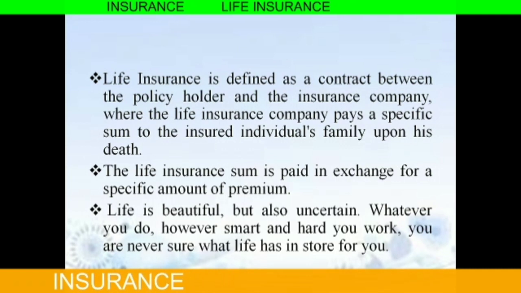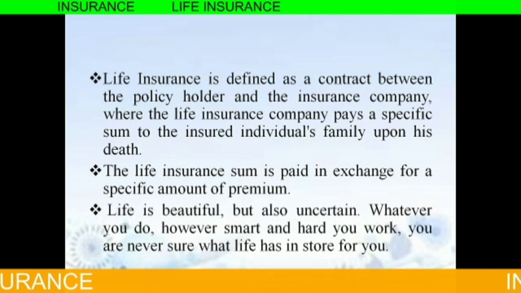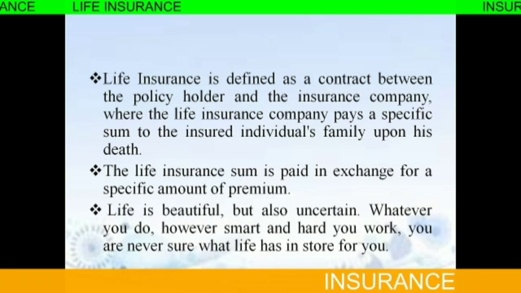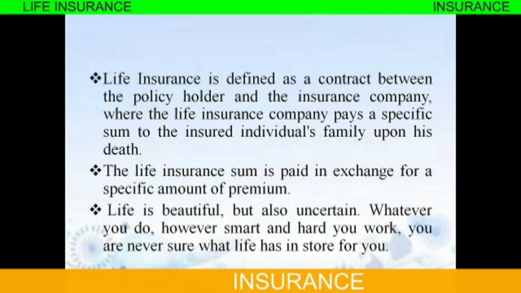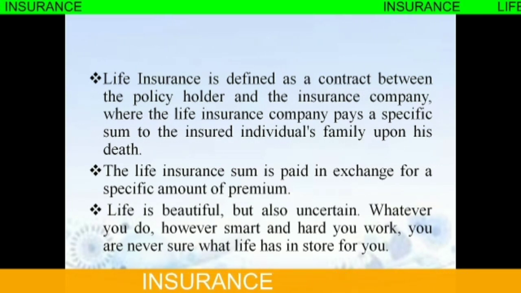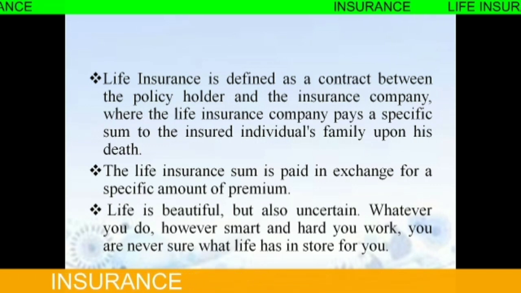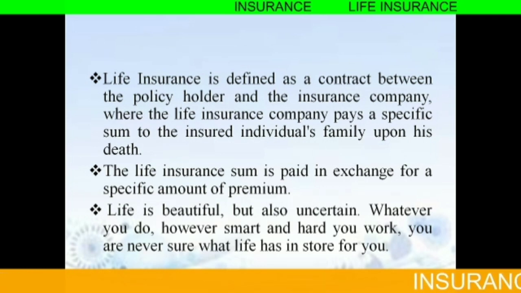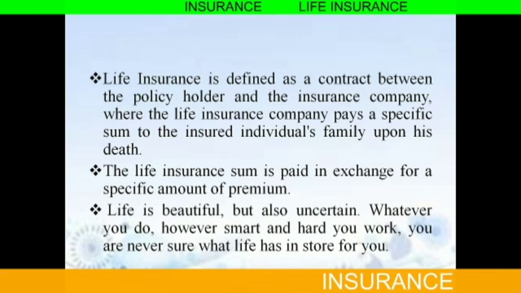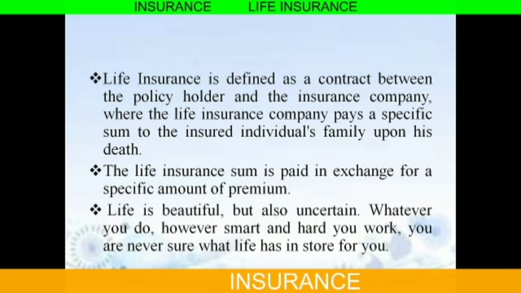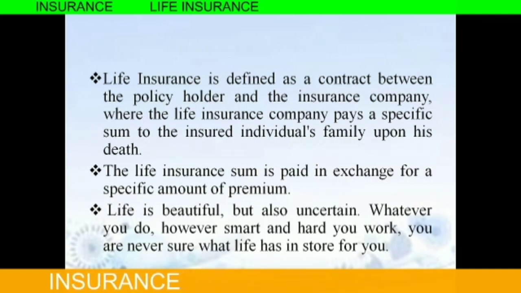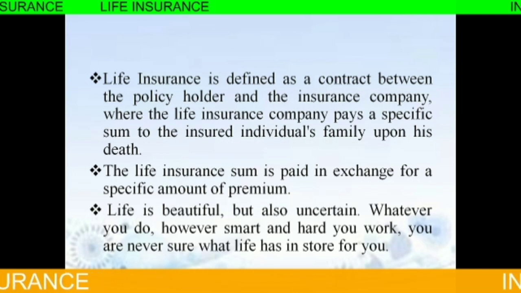Life insurance is defined as a contract between the policy holder and the insurance company. It is a contract between the two parties, and that is the policy holder and the insurance company, where the life insurance company pays a specific sum to the insured's family upon his death.